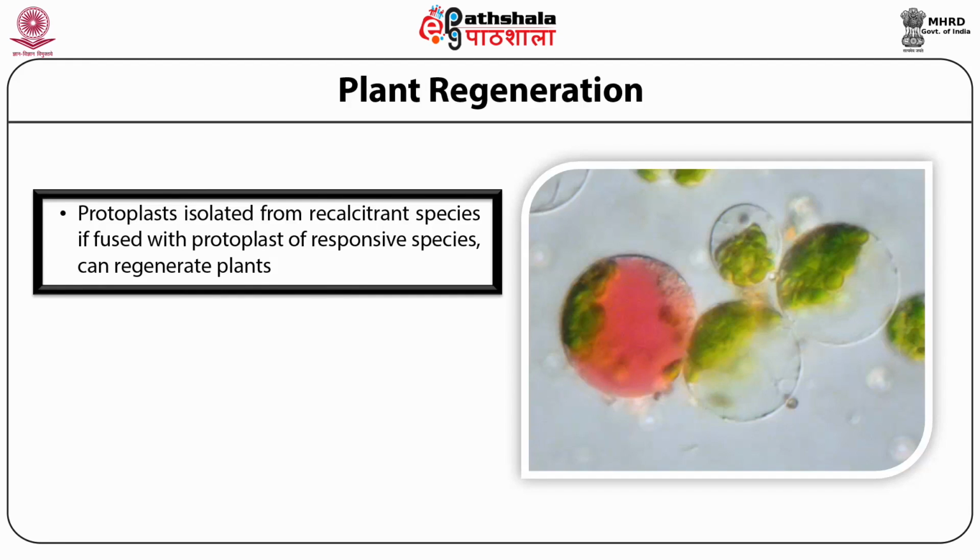And the hybrid, in all probability, will be able to grow. And if it's a very wide cross, there is a possibility that the chromosomes or the nucleus of one will get knocked down and it will be only the cytoplasm. But then it definitely depends whether it's a cytoplasmic trait or a nuclear trait in that particular species, which will dictate whether you are overcoming recalcitrance or not.